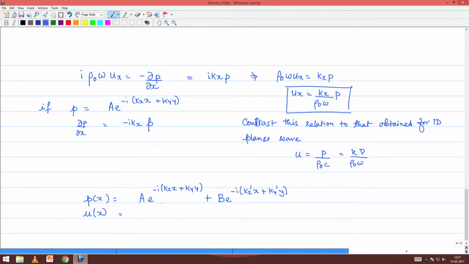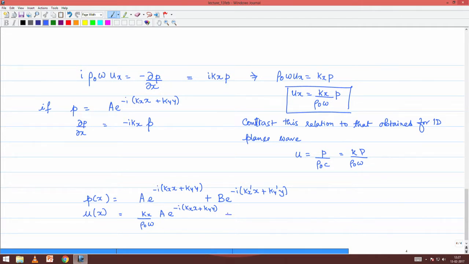So, the u x associated with the A wave will be k x divided by rho naught omega into p. The p is just the same, A e to the power minus i k x into x plus k y into y. And for the B wave, you just have to replace k x and k y with k x prime and k y prime.